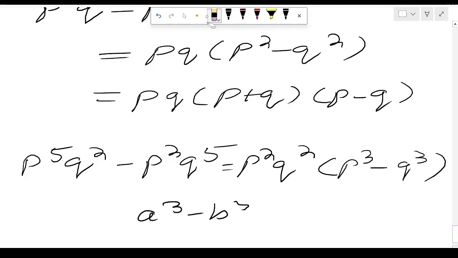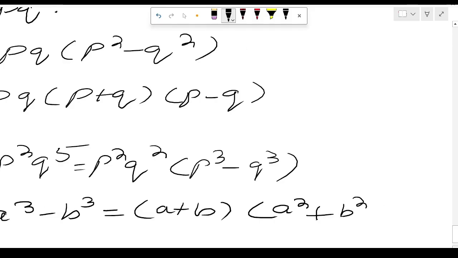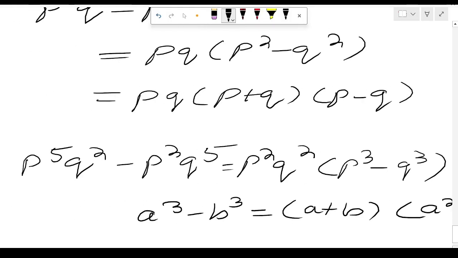What is it equal to? Does any of you remember? Yes, a cube minus b cube is equal to a plus b, and then a square plus b square minus ab. So this is our formula.